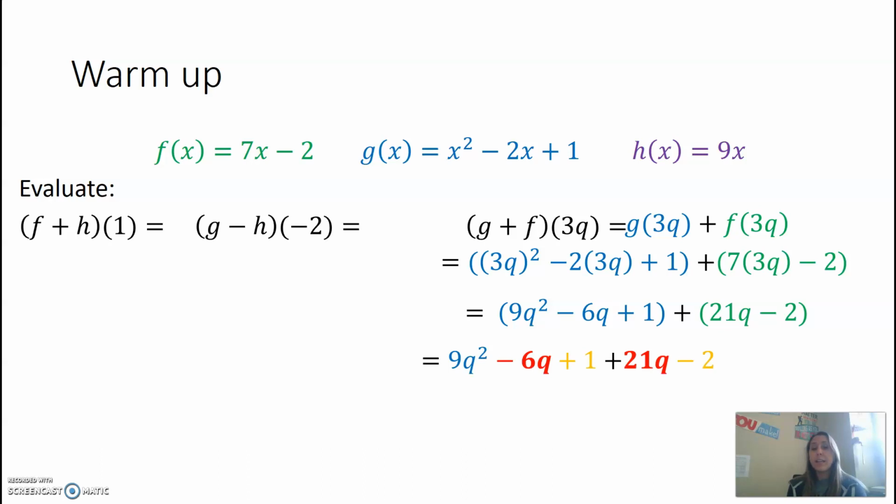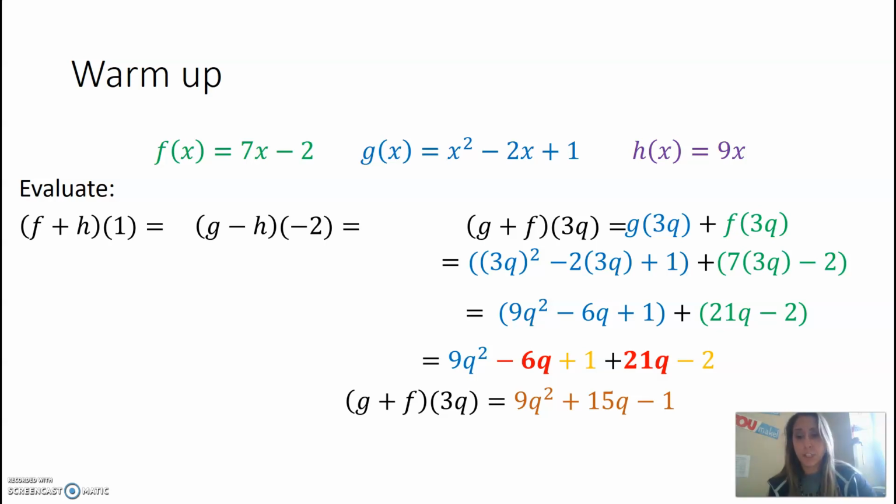Okay, so then we end up with 9q squared minus 6q plus 1 plus 21q minus 2, which means I need to combine my like terms, and go ahead and put them in the same color so that you can see them. And then I get g plus f of 3q is equal to 9q squared plus 15q minus 1. Again, if you have any questions, please feel free to ask me. Understanding this is going to help us later on.